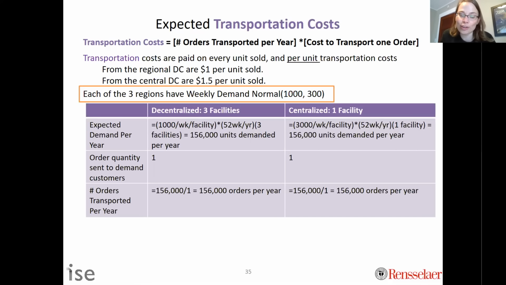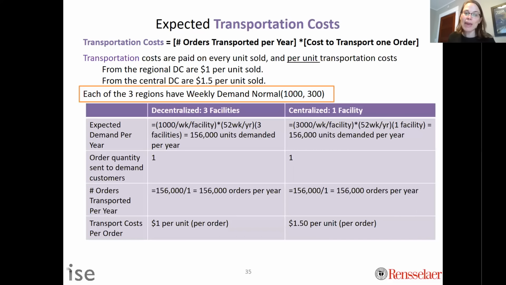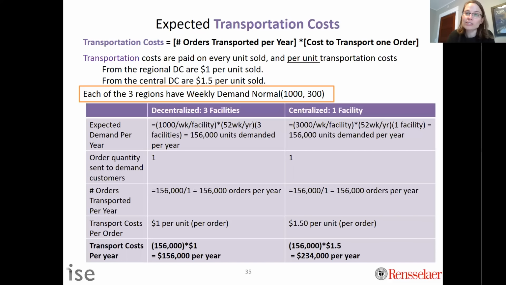This is D over Q. In both situations, we have 156,000 orders per year. And we pay $1 per order for the decentralized system and $1.50 per order in the centralized system. And so the transportation costs are higher in the centralized system and lower in the decentralized system.